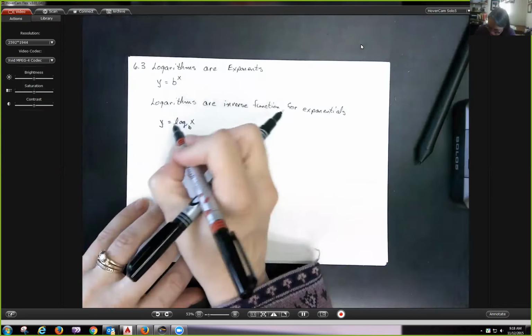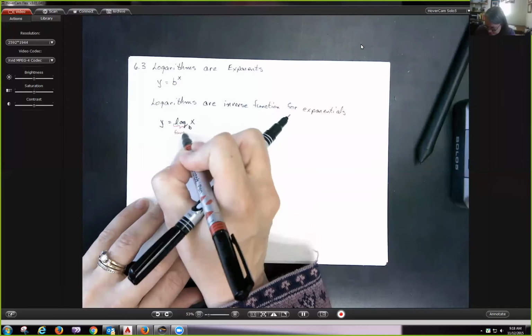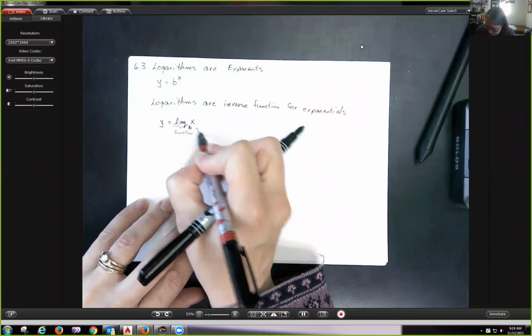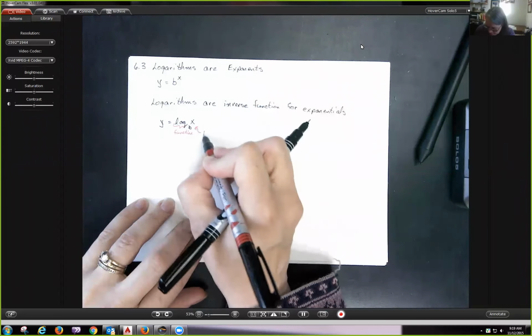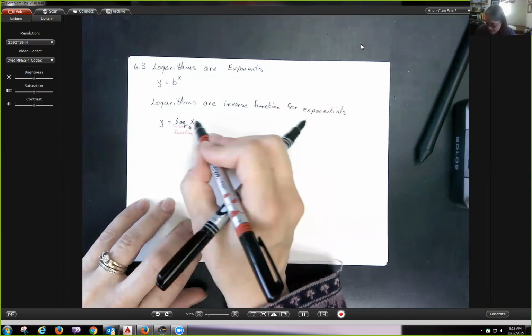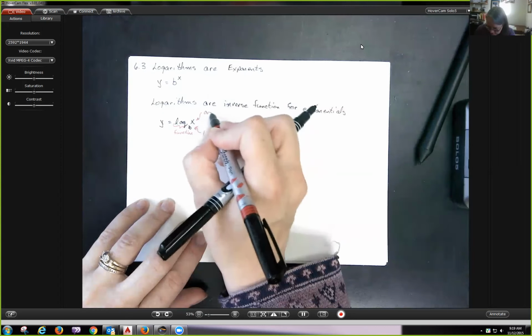But this log is the function. The b is the base. And the x is the argument.